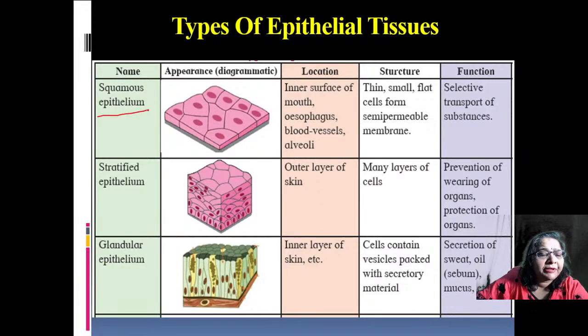Now here you can see the squamous epithelium, right? Squamous epithelium tissue is located in the inner surface of the mouth, the esophagus, the blood vessels like the arteries and the veins, and the alveoli, the air sacs of the lungs.